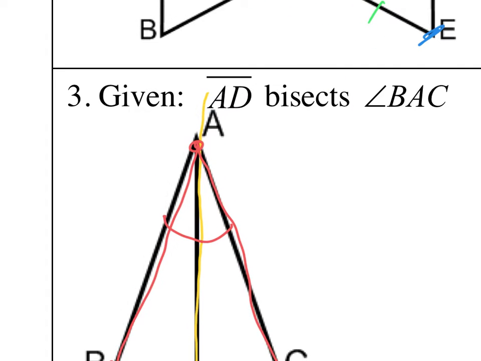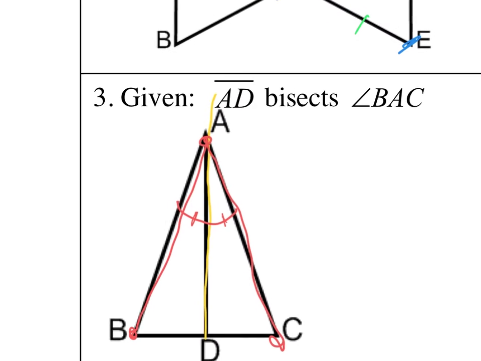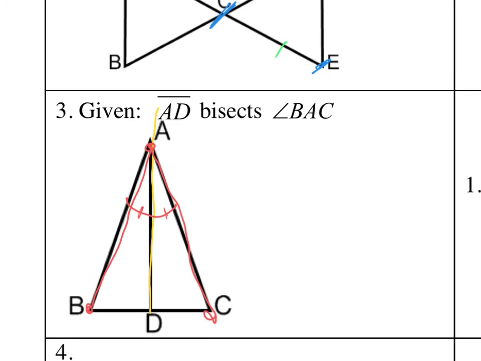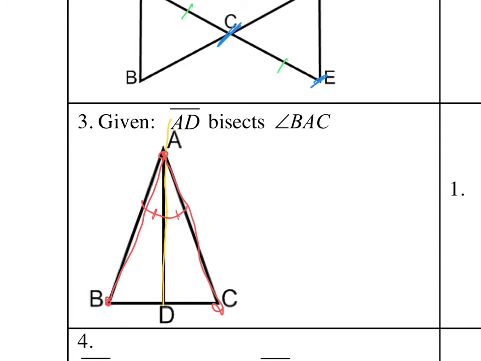So I can say that this angle is congruent to this angle. You can name them with letters or you can name them with numbers. I'm going to do 3 and 4. All I have to say is angle 3 congruent to angle 4. I can say definition of angle bisector, or an angle bisector creates two congruent angles.